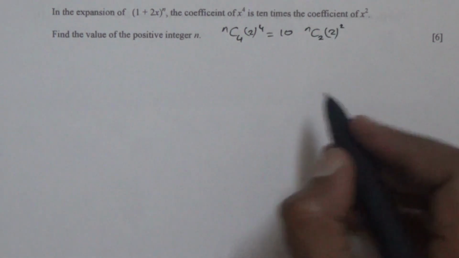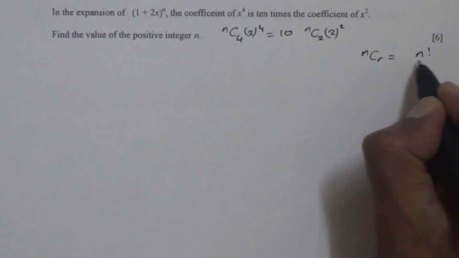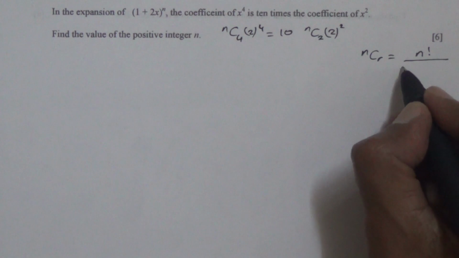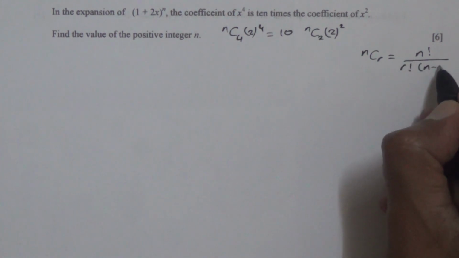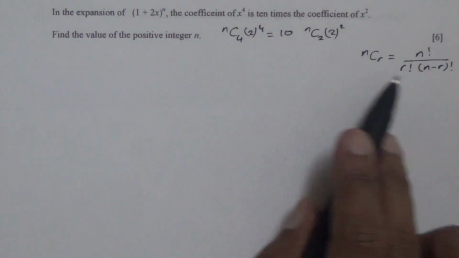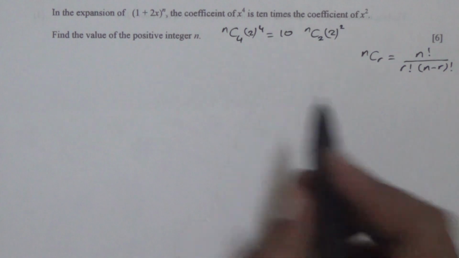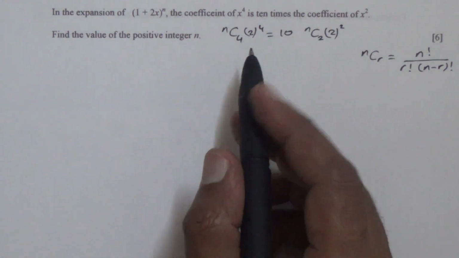Now what we also remember is that nCr is equal to factorial of n divided by factorial of r into factorial of n minus r. We should be able to use this to come up with some kind of equation over here. So what's the coefficient of x to the power 4?